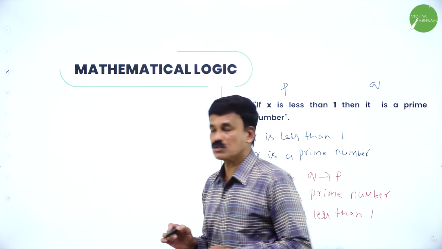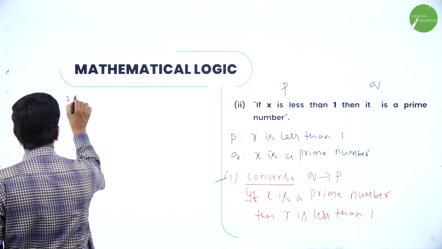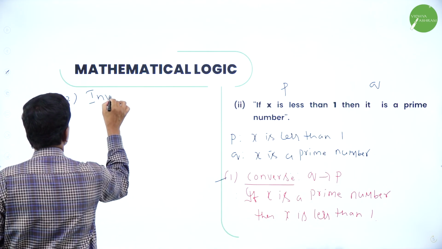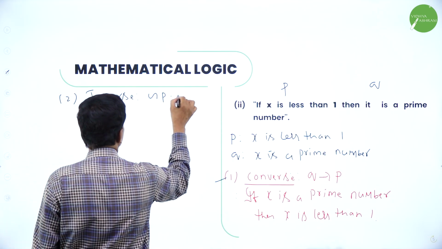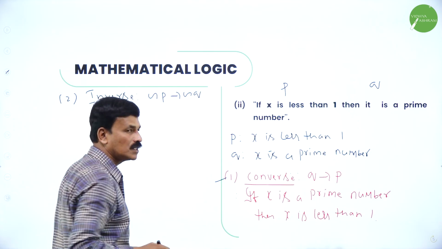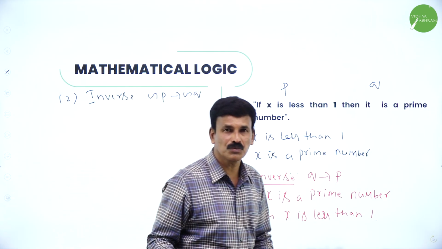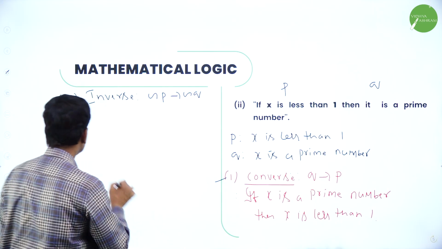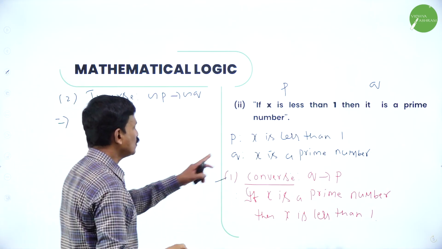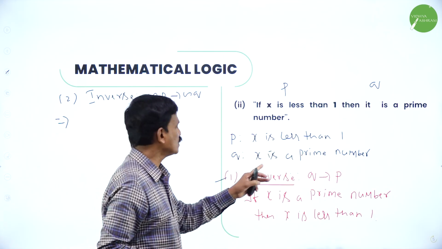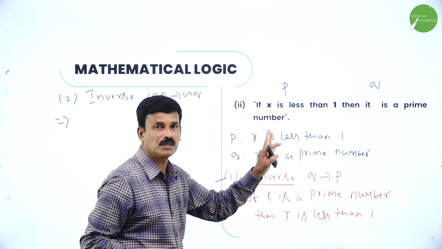Okay. Now let us go to the second one, inverse. Inverse is negation of P conditional to negation of Q. Now, what is negation of P? The negation of P is x is not less than 1. Negation of Q is x is not a prime number. That's all.